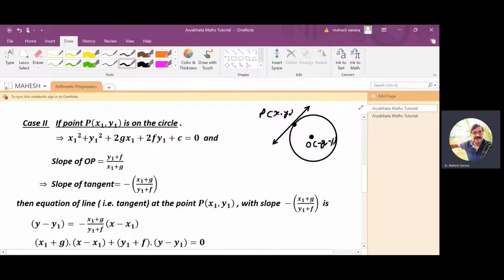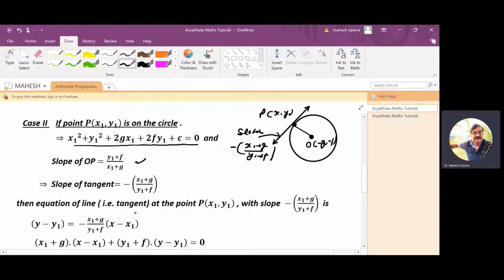Since this (x1, y1) is on the circle, therefore x1 square plus y1 square plus 2gx1 plus 2fy1 plus c is equal to 0, and the slope of this line OP will be (y1 plus f) upon (x1 plus g). Therefore, the slope of the tangent will be minus (x1 plus g) upon (y1 plus f).